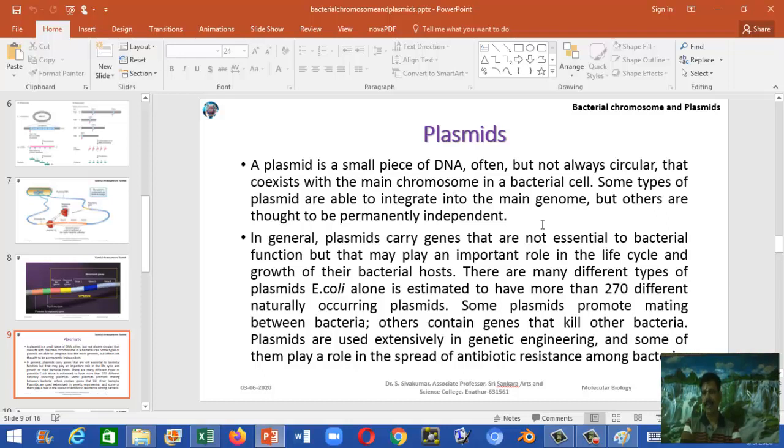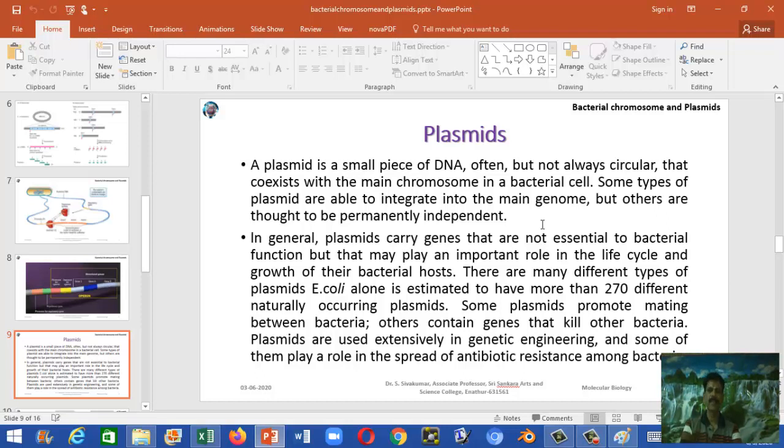So generally plasmid means what? It is present outside the genome. It is not essential for the survival of a bacteria. A bacteria can survive without the presence of these plasmids. But why then are plasmids present in a bacteria?